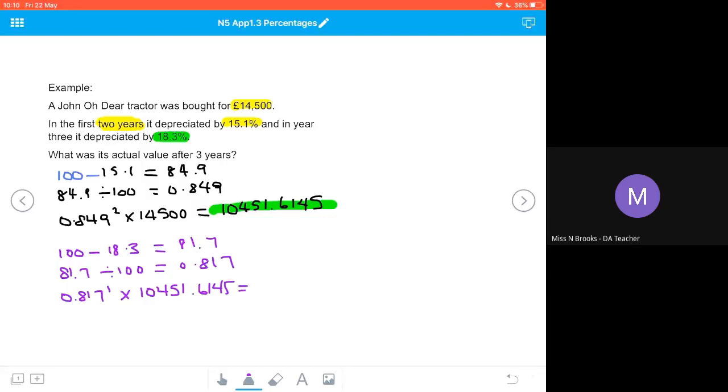And that gives me a value of 8,538.96905. And I'm going to round that to 2 decimal places, and that's going to give me £8,538.97. And that is my actual value after 3 years.